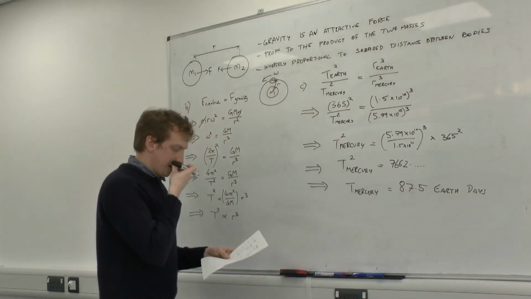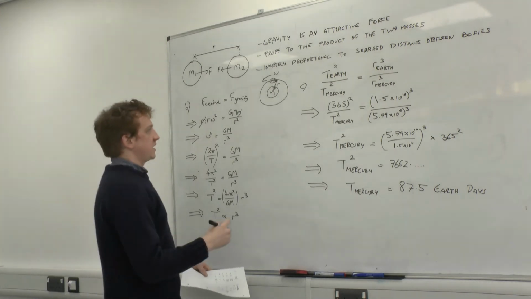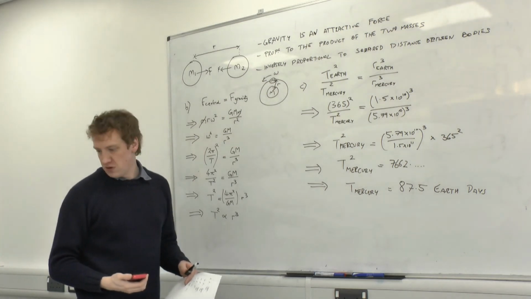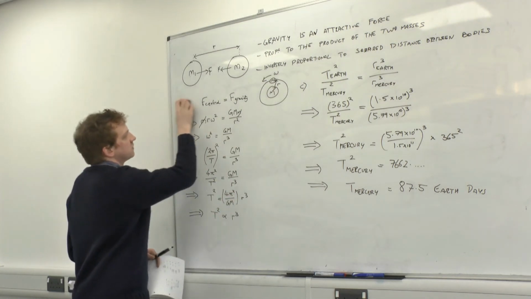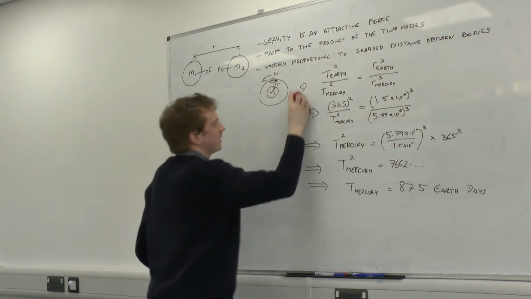Okay. The last question is to calculate the ratio of the distance from the Sun to Neptune to the distance from the Sun to Earth. Just clean this up.